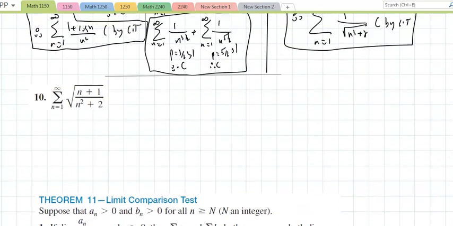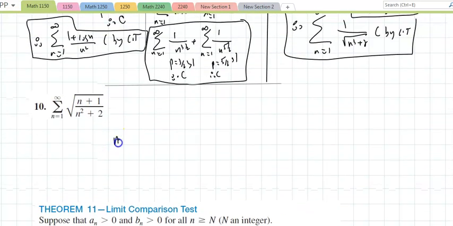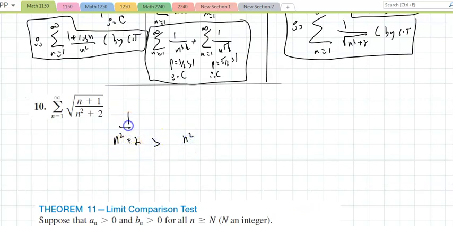If I take n squared plus 2 and n squared, well, this is bigger. 1 over, we'll make that less than, n plus 1 under a radical, no biggie. What's going on? That's not working.